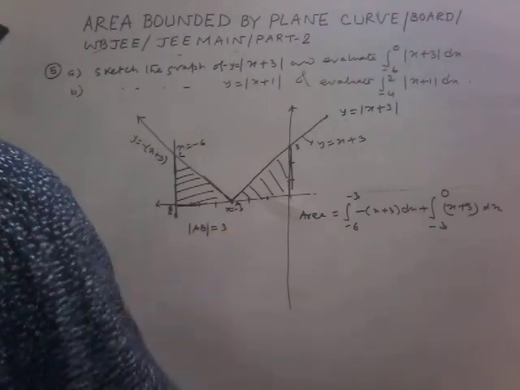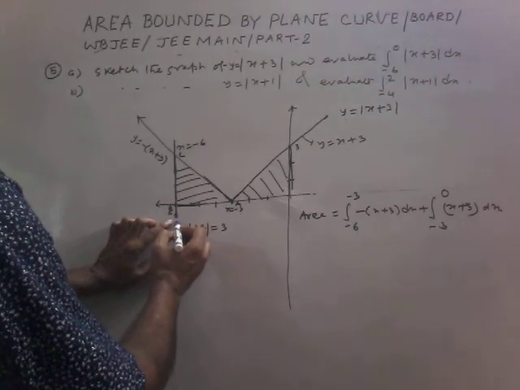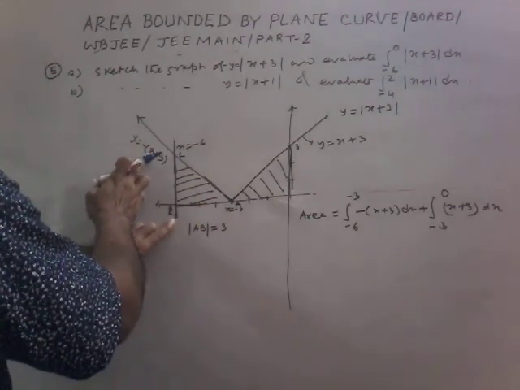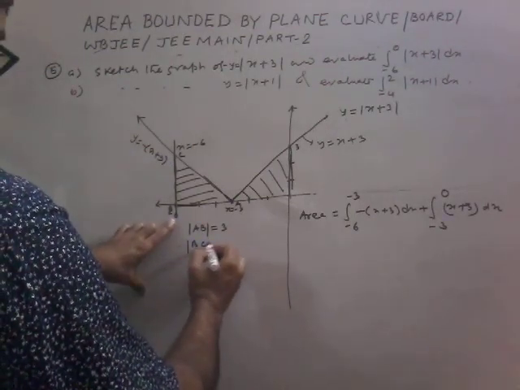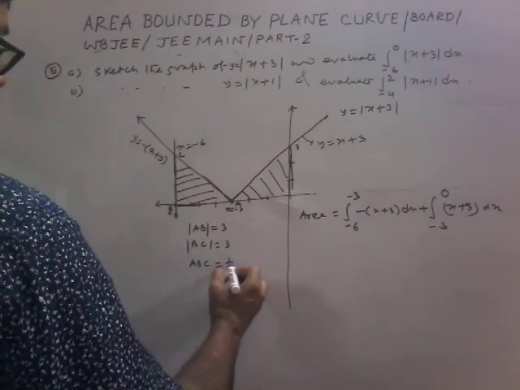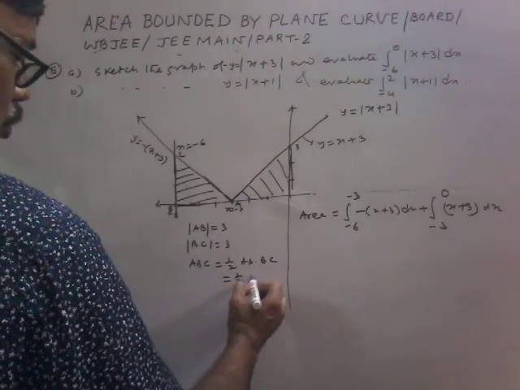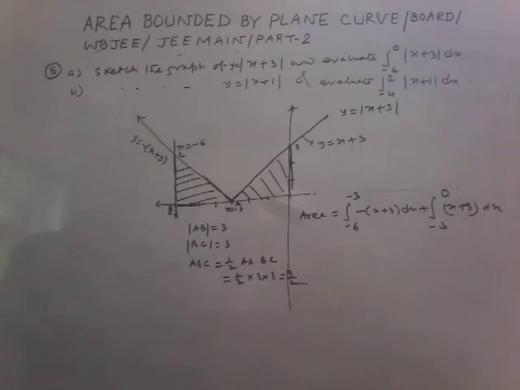Mod AB is 3. And what is BC? When x equals minus 6, y equals 3. So BC is also 3. So what is the area of ABC? Half into AB into BC, so half into 3 into 3, which is 9 by 2.